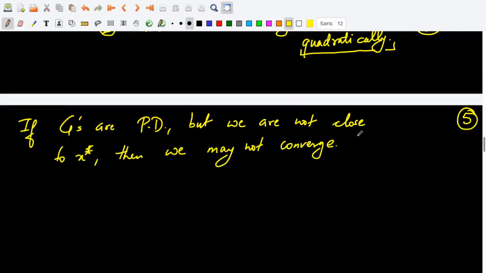We may oscillate between two or more points and never reach x star.